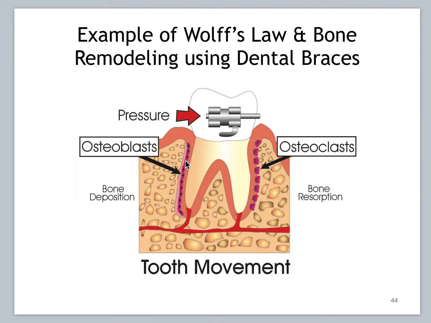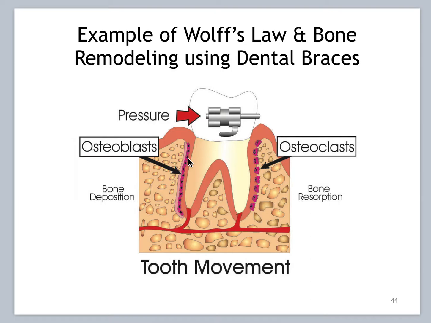And so you have these osteoblasts and osteoclasts. There's pressure moving the tooth to the right. That's going to leave a sort of vacancy here, a somewhat lack of bone, because the tooth is being pulled in the direction away from the bone. So osteoblasts would fill in the space.